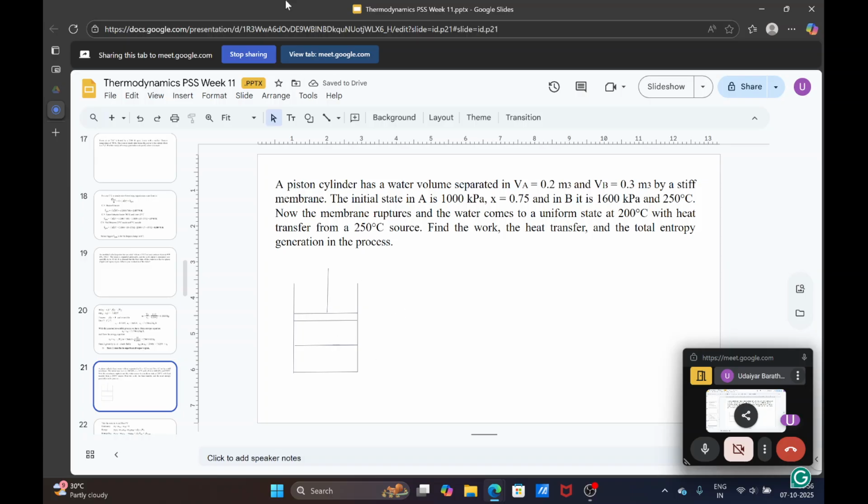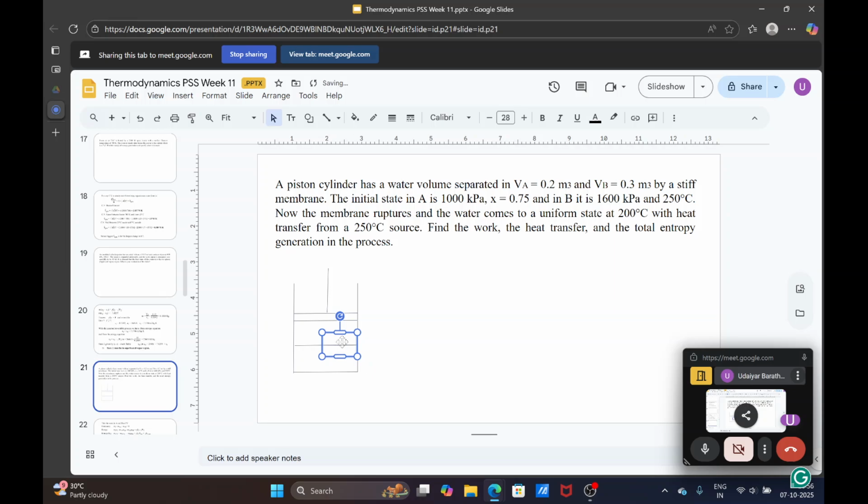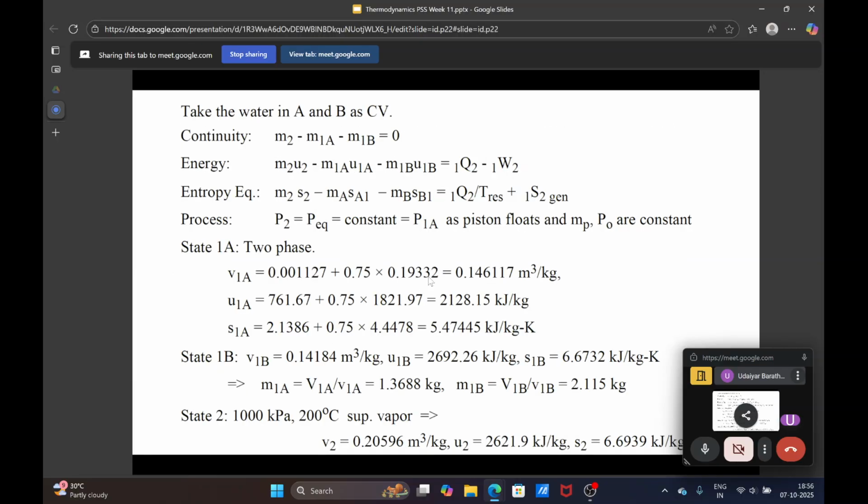So it's your piston cylinder arrangement. This is how the arrangement looks, so you have A and B.